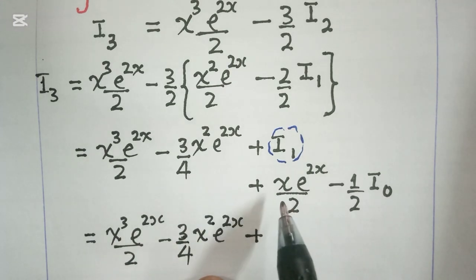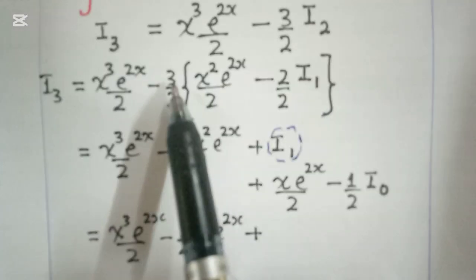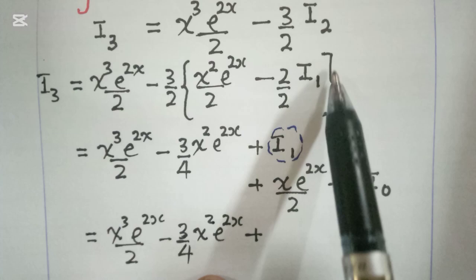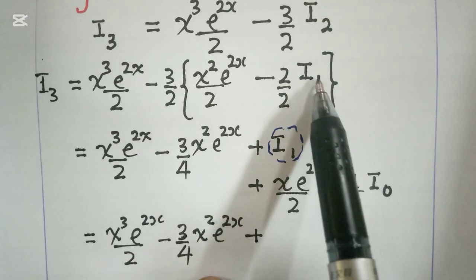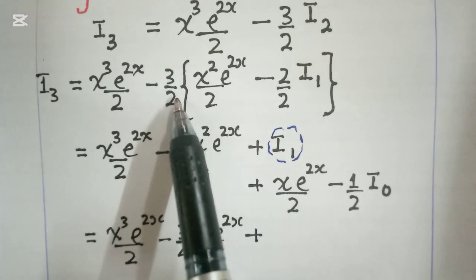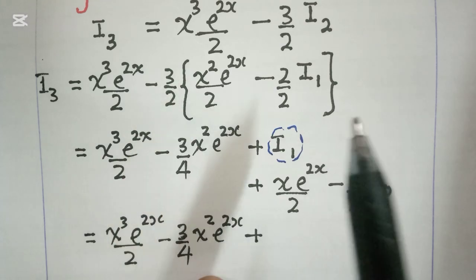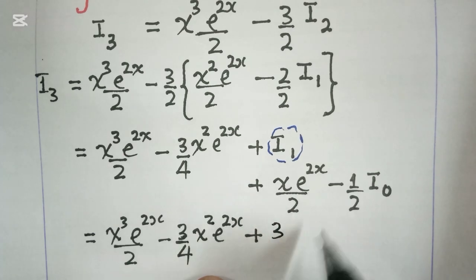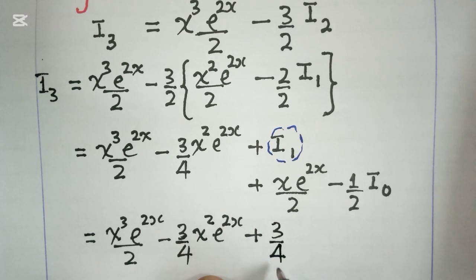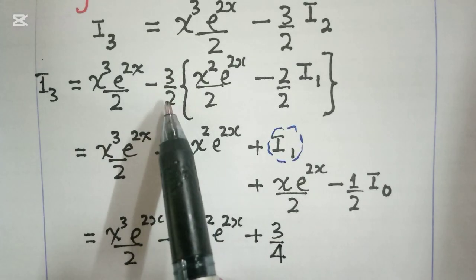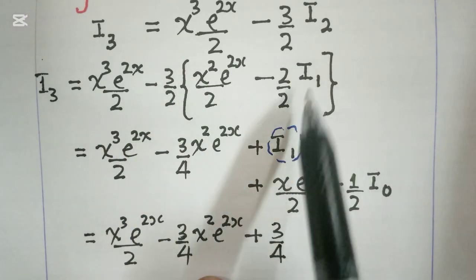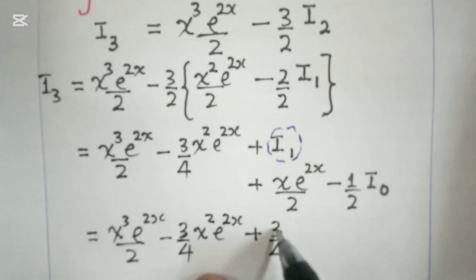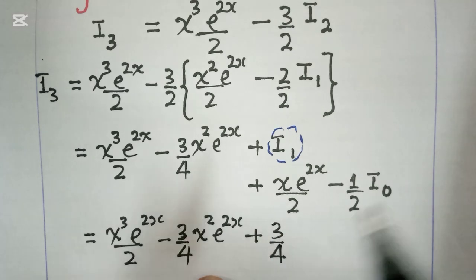And now, guys, I want to observe this, that this 3 over 2 is supposed now to multiply all this, whatever there is I raised to 1 is supposed to be multiplied by 3 raised to 2. And so, guys, we are going to multiply here 3 all over 4 now. As you can see, guys, here we had 3 over 2 and the I1 is within that bracket. So we had to multiply by 3 and multiply by 2. And that's why we are getting now 3 over 4.